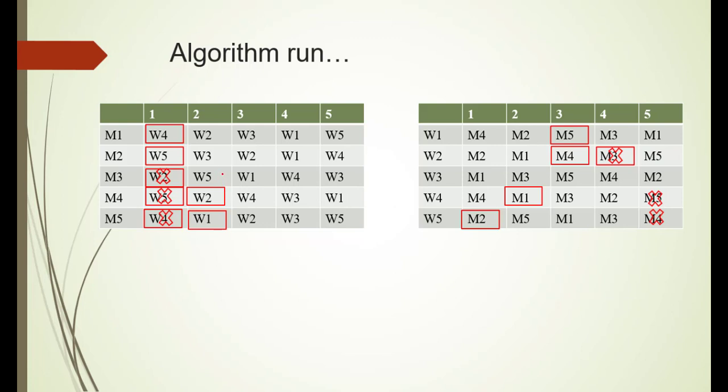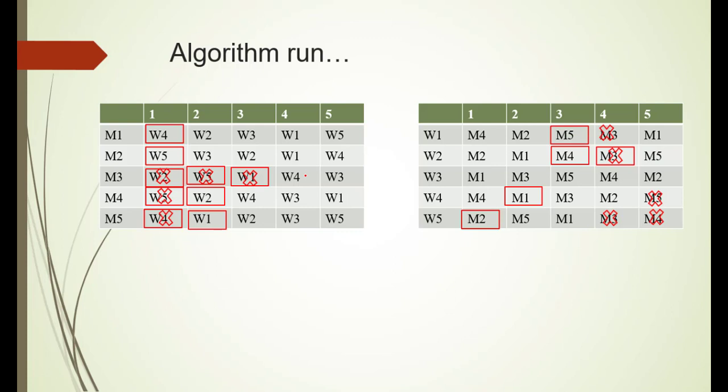So M3 in the next round proposes to W5. W5 is already engaged to M2, and M2 is more preferable than M3. So they will not be engaged. Next, M3 proposes to W1. W1 is already engaged with M5, and M5 is more preferable than M3.